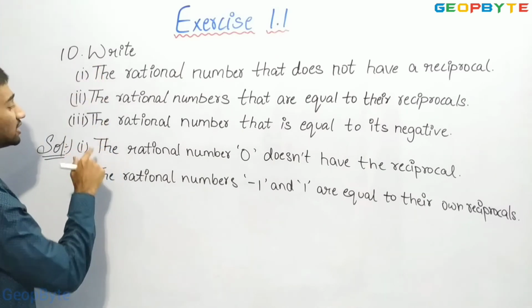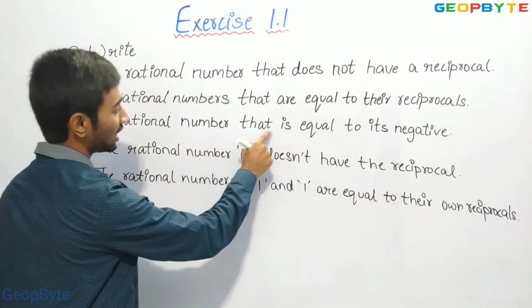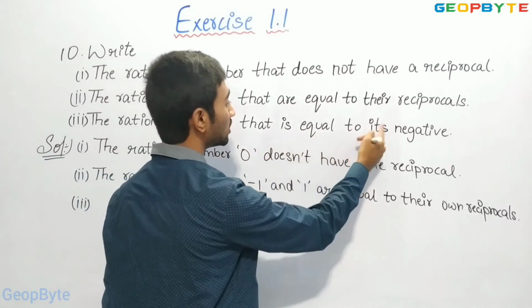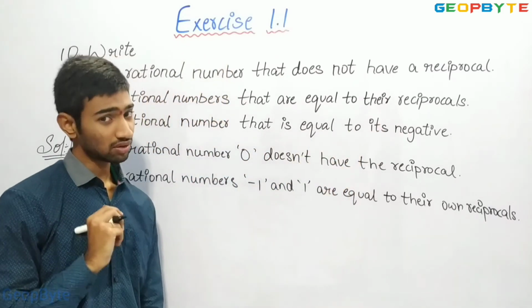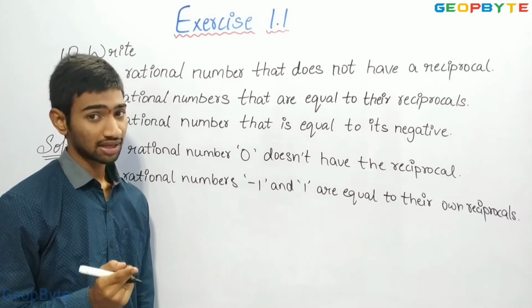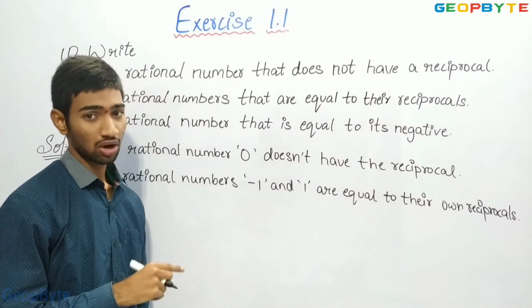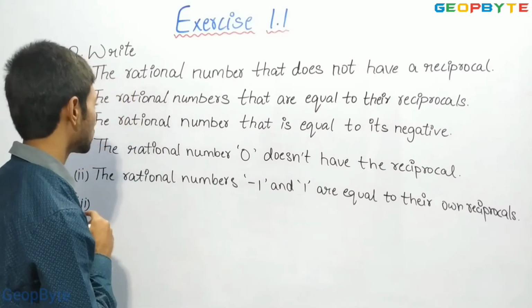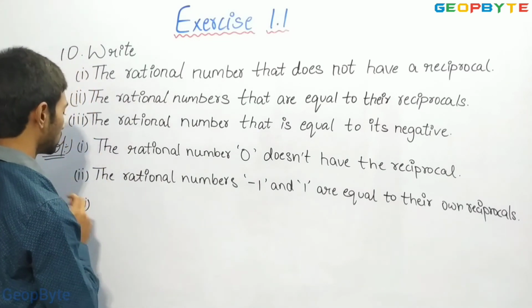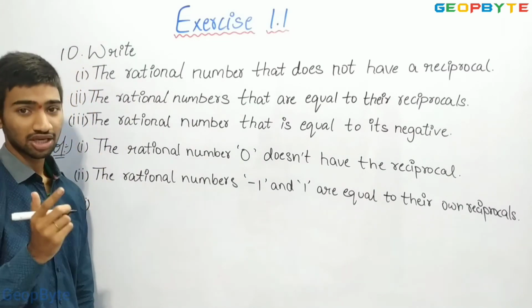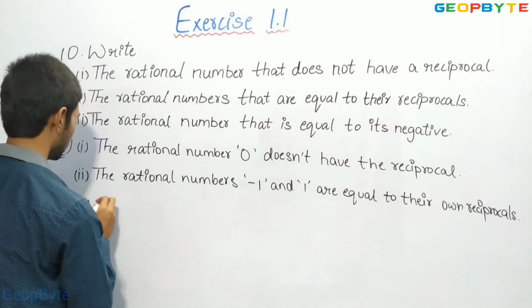Next, write the rational number that is equal to its negative. So, we know that 0 is neither a positive integer nor a negative integer. So, 0 is the number that is equal to its negative.